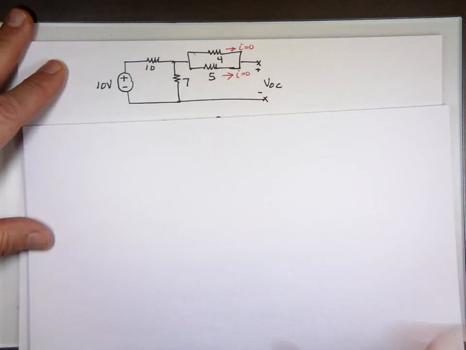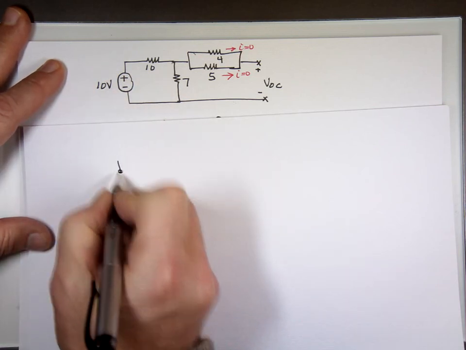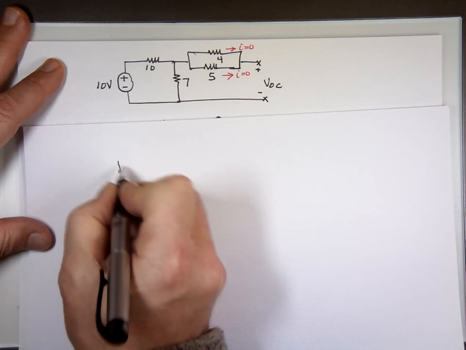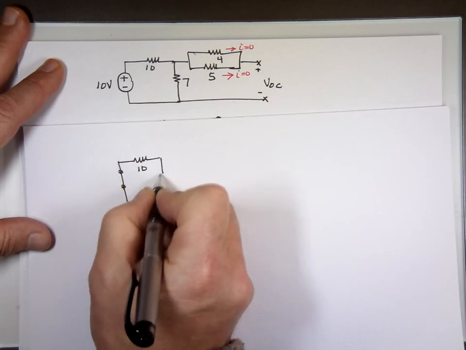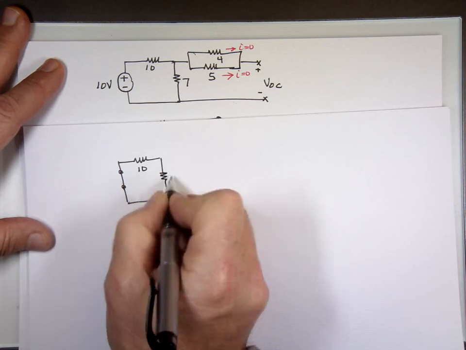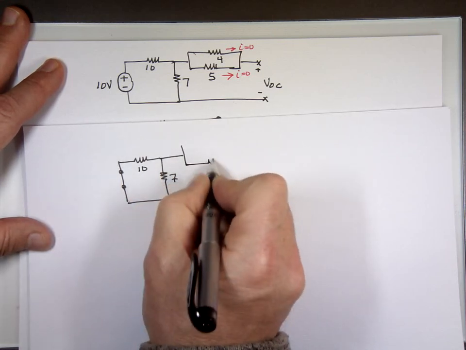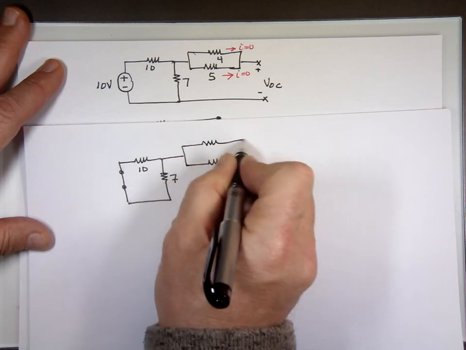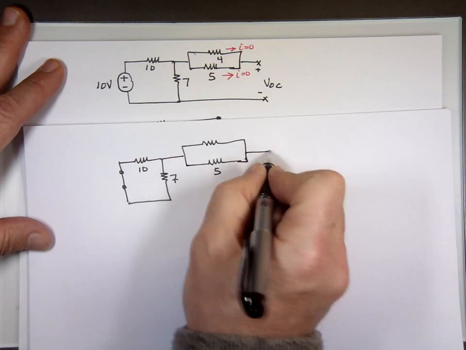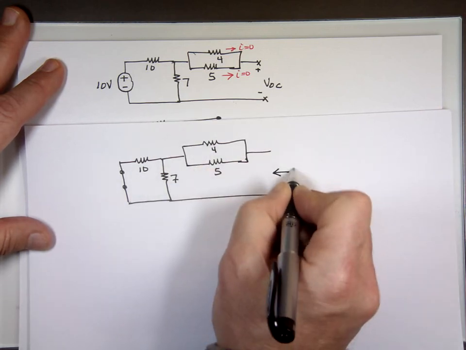Eliminate the source. So that's a voltage source. We're going to make it a short circuit. So looking back, what is the R equivalent?